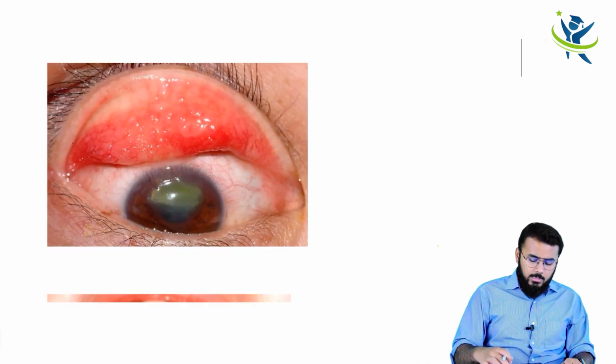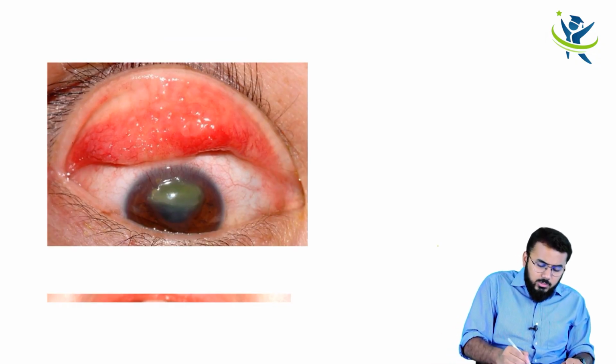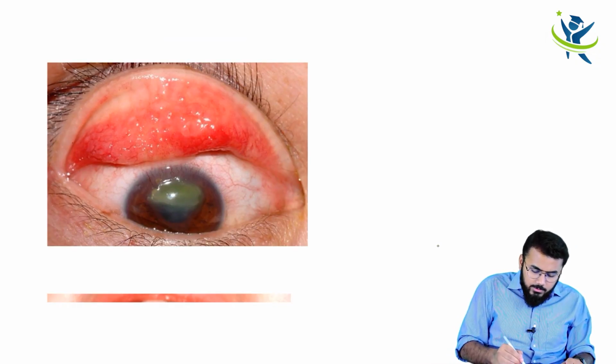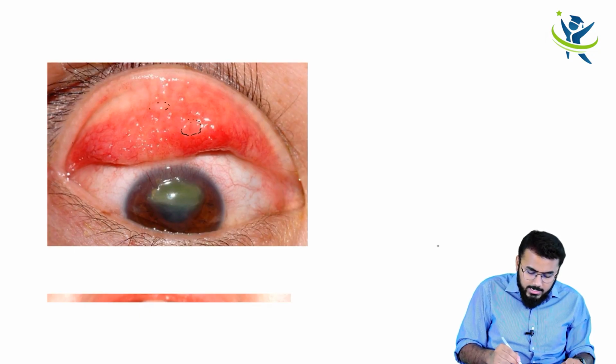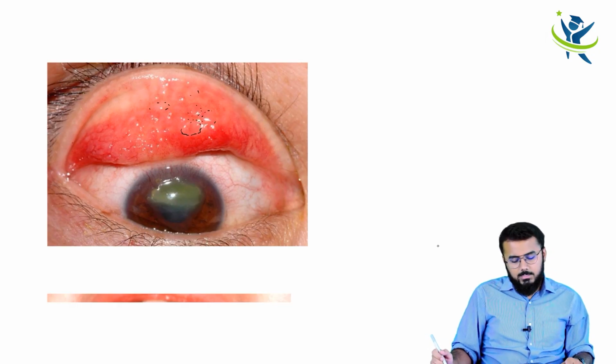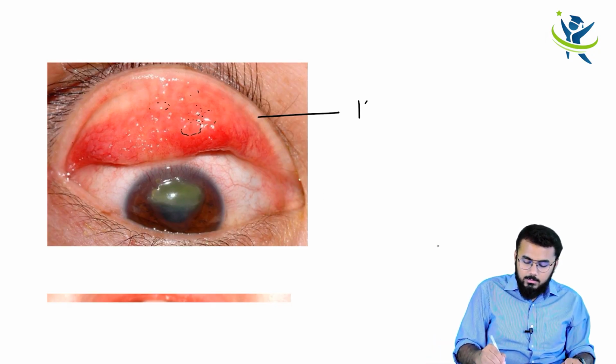Coming to the eyes, can you see small vesicles over here? Some small, round vesicles. It is not that clear, but yes, I can see some small vesicles over here. Vesicle formation. So this is called keratoconjunctivitis.